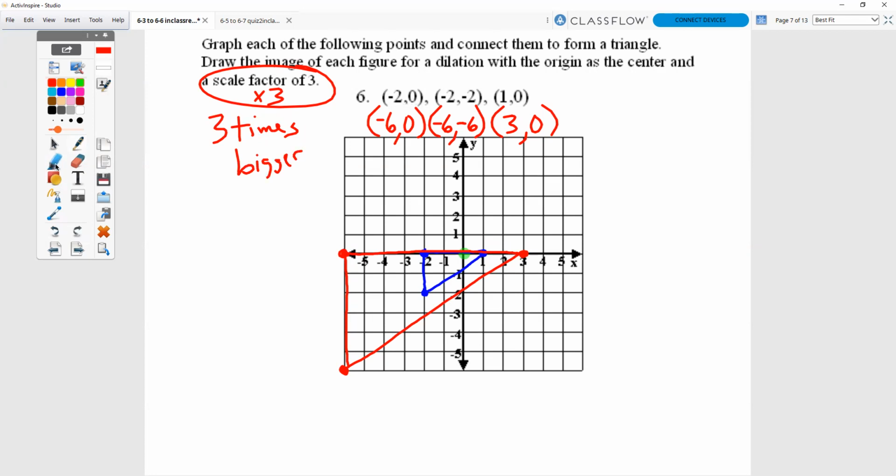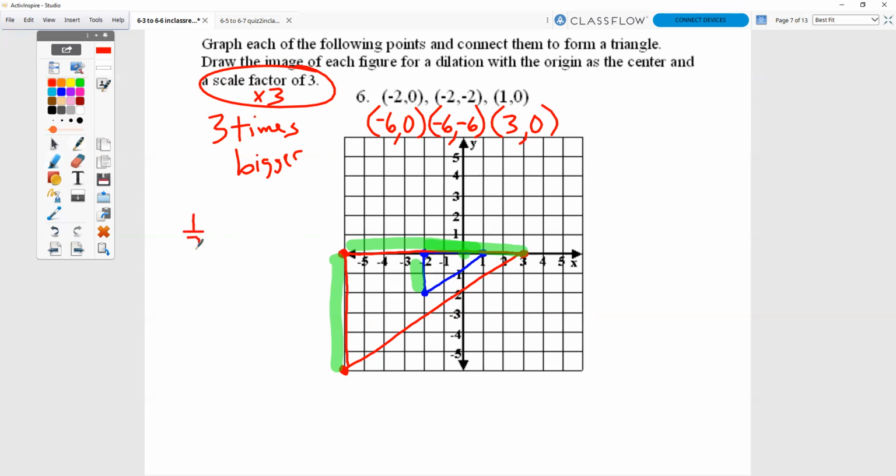Notice that the height of the triangle was 2. Now the height is 6. The length of the triangle was 3. Now the length of the triangle is 9. So we multiplied everything by 3. But a dilation makes it bigger or smaller. When would it get smaller?